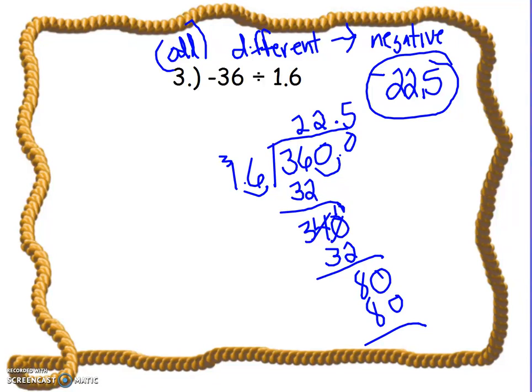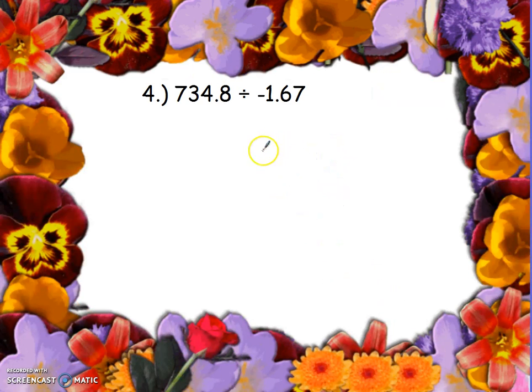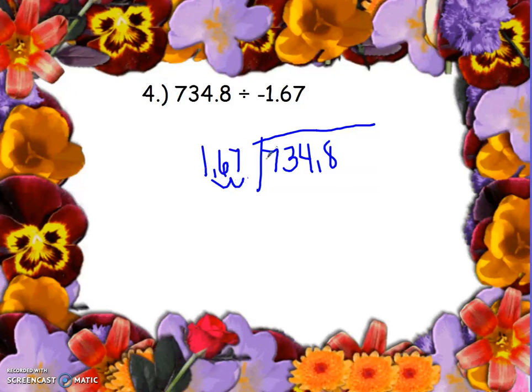Let's take a look at number 4. 734.8 is going to go inside the house. Negative 1.67 is going to go outside the house. We're going to hop it over 2 places, so we have to hop the dividend over 2 places. The signs are different, so the answer is going to be negative.